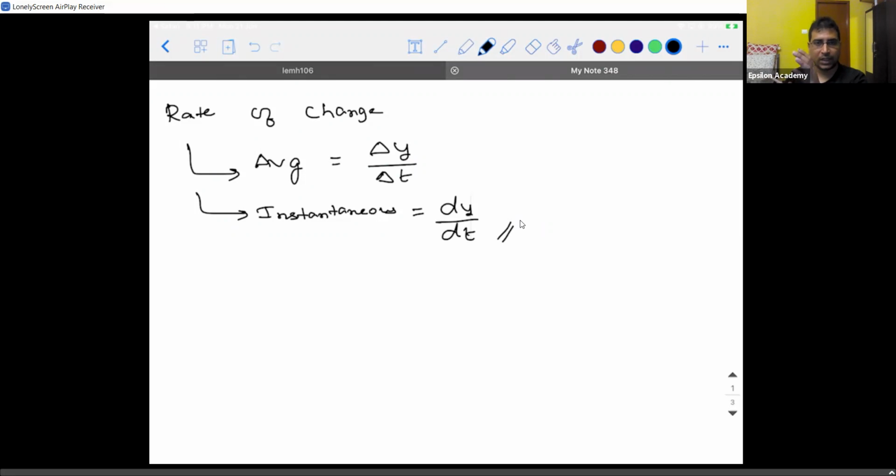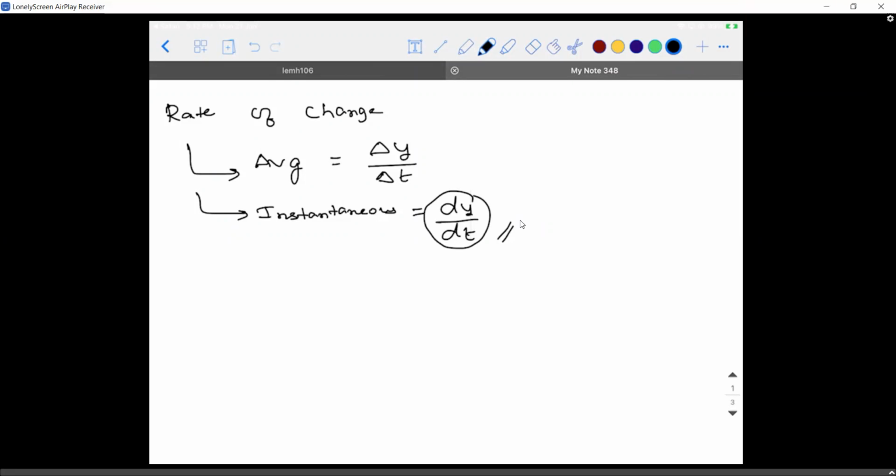If you use the symbol d, it is going to be instantaneous. So whenever you are differentiating something with respect to something, you're going to get the instantaneous value of something. Guys, am I clear? Yes, sir.